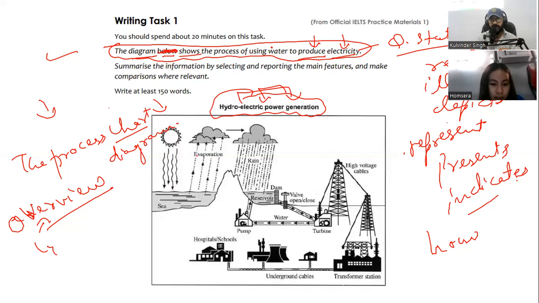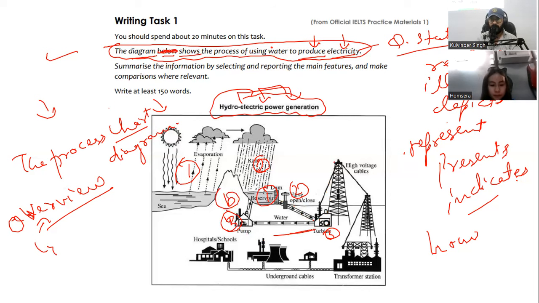Let's say this is the first stage, that's the second stage. This is the first stage when they collect the water. Then the valves are open and the water goes down to the turbine. That goes to the third one. Then the excess water or the leftover water is sent to the pump.